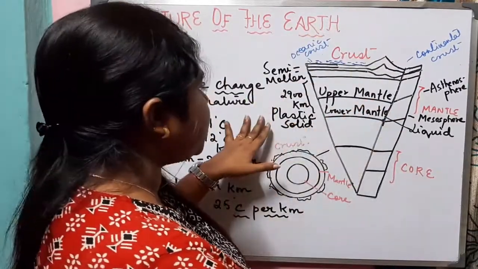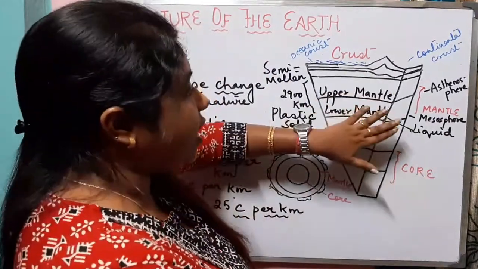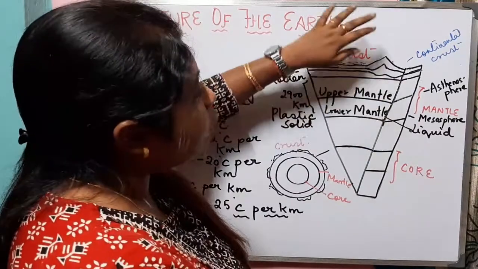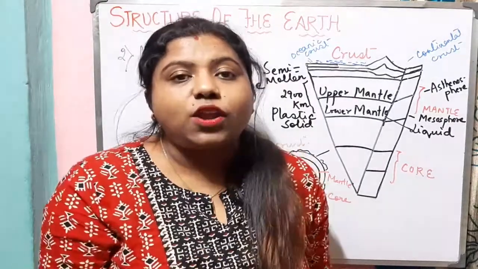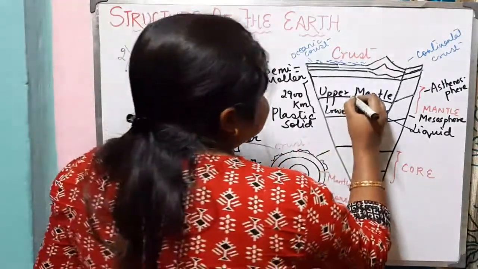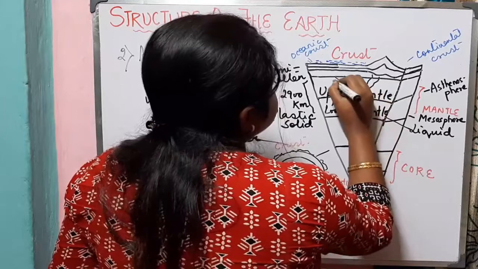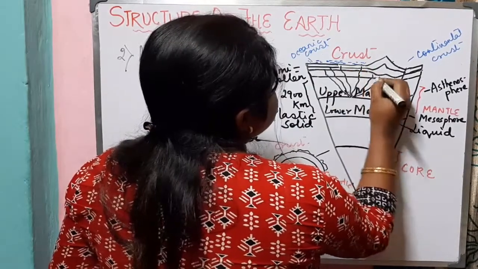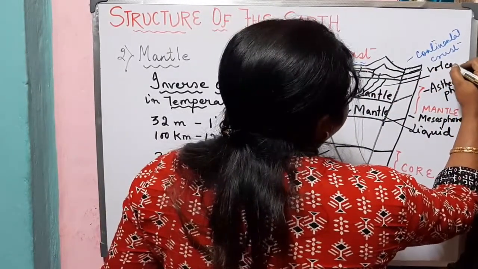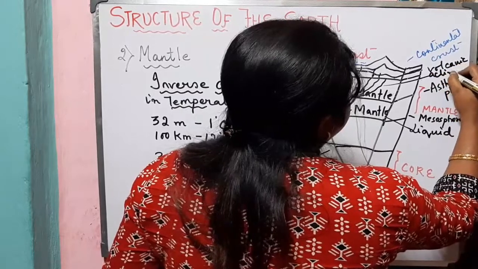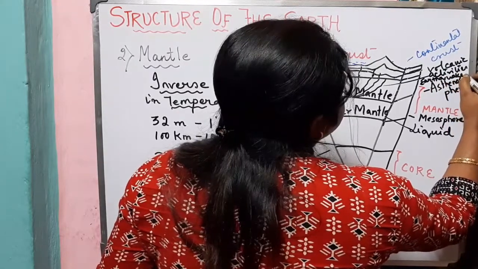The upper mantle, a plastic solid with varying densities, allows convection currents to flow the molten rocks to the crust, and this results in volcanic activities, earthquakes, and also movement of the plates.